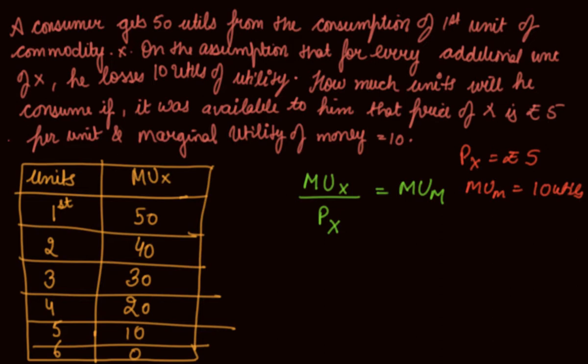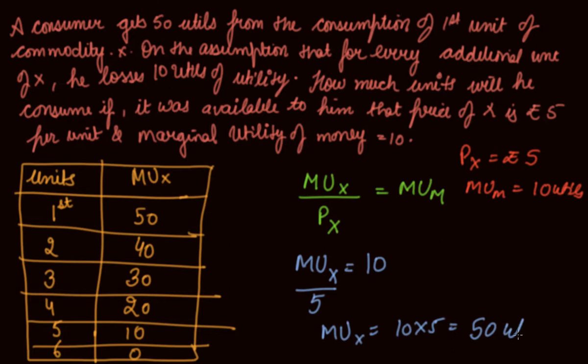We can find out MUX, right? Your marginal utility of X will be equal to, your price is 5, your marginal utility of money is 10. So MUX will be equal to 10 into 5, which is 50 utils.